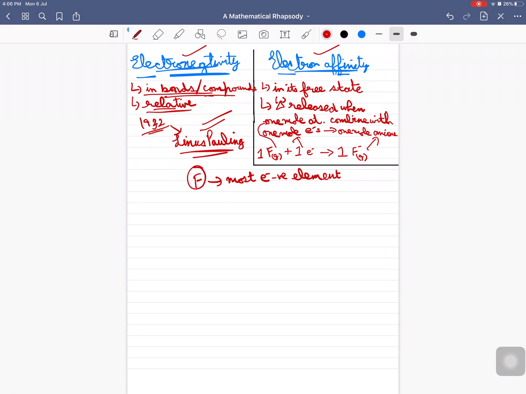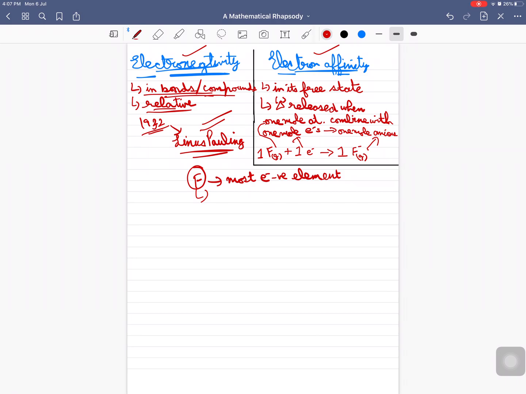Now since fluorine is the most electronegative element, in a compound, this will always have the upper hand. This means that this is the only atom from which electrons cannot be taken, since it has the most power to take electrons from others, since it is the most electronegative atom.